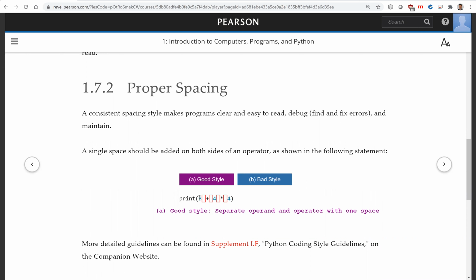So you have this print, this expression 3 plus 4 times 4. So we put a space on both sides of the operator. This would be a bad style. It's too crowded. There's no space to separate the operator from the operands.